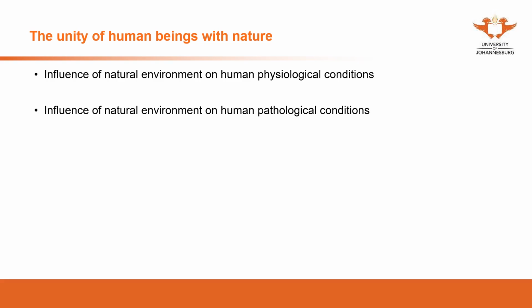Another influence from the natural environment includes the climates and the geographies. In the Huangdi Neijing, it is described that in summer, especially late summer, people are more likely to suffer from diarrhea.